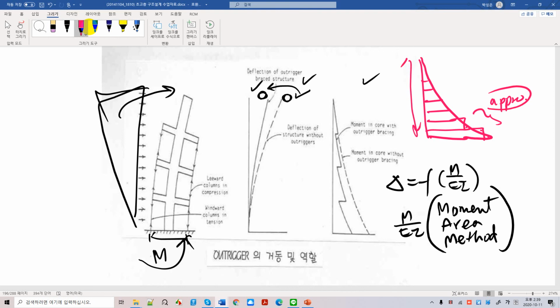We know that the center of each rectangle is the centroid, and you multiply this area and this distance, plus this area times this distance, plus this area and this distance, and so on and so forth.